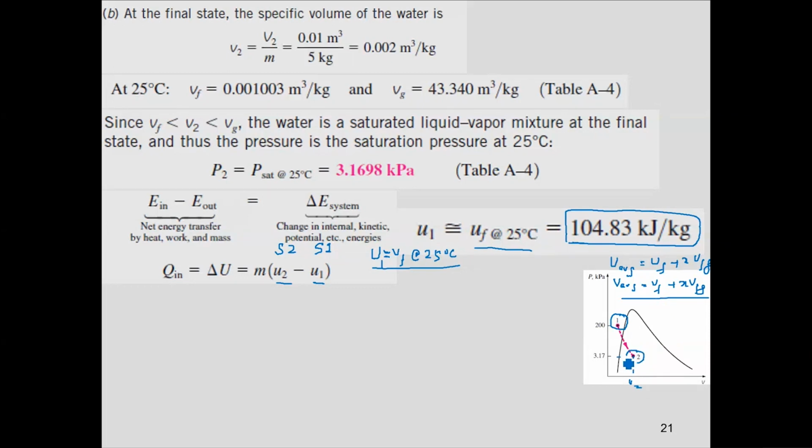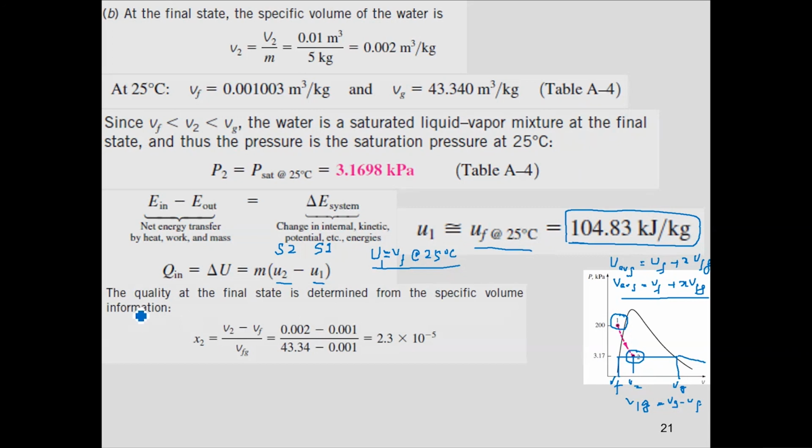Vf, if this is the constant temperature line of 25 degrees centigrade, I can find out from the table. Similarly, Vg I can find out from the table, and Vfg would essentially be the difference of Vg minus Vf at 25 degrees centigrade.